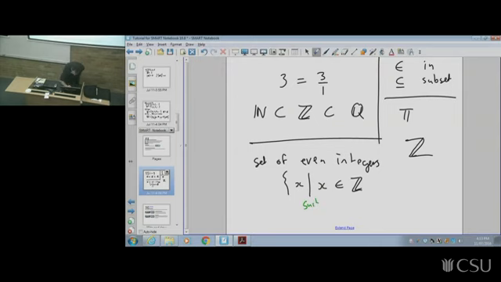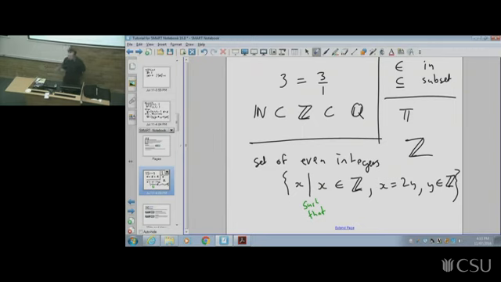Read it as "such that". So it's reading out loud: this is the set of x's such that x is an integer and x is even. How do you write that down? x equals 2y, where y is an integer. That's a very fancy way of saying x is even. Now, could you write down x is even? Yes. That's okay.